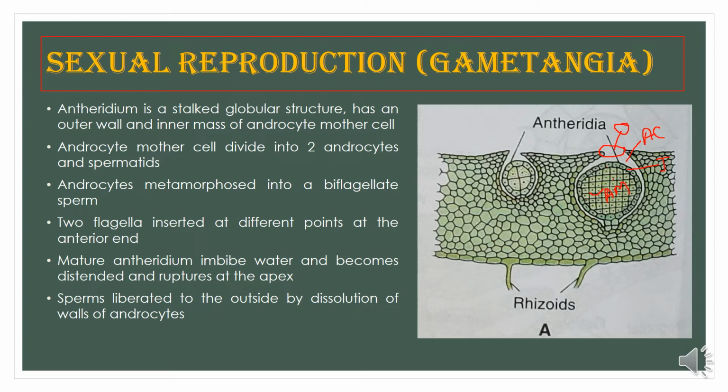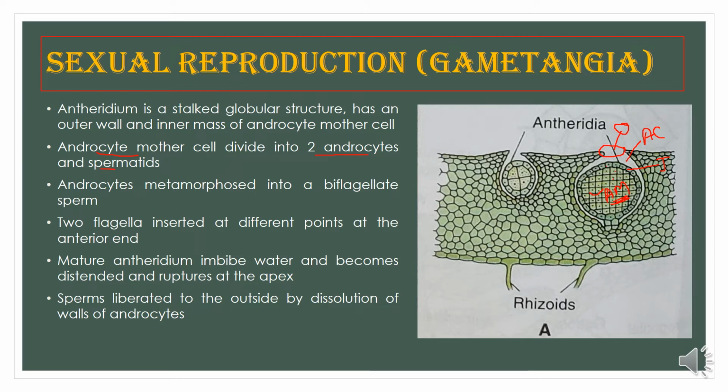This single layer of jacket cells does not participate in the formation of the sperm or androcyte, but the inner cells, the antherozoid mother cells, are responsible for the formation of the sperms.